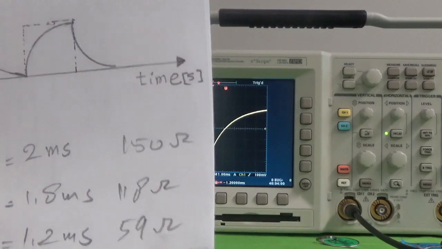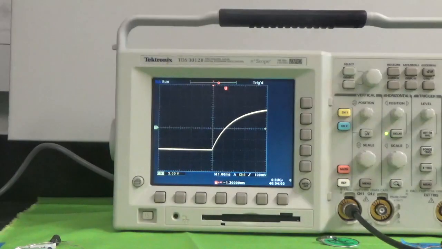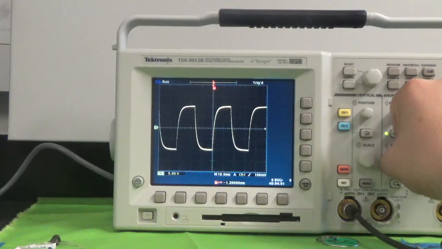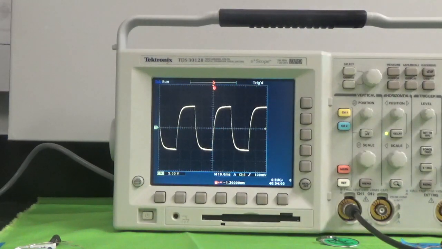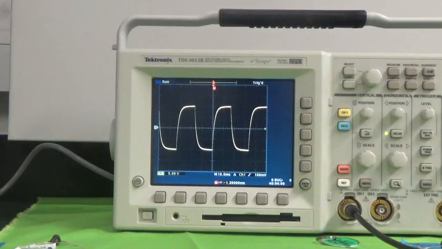So that's great. This is one part. We are done with the first part, which is great. Now I will try to show you what will happen to this signal if we used resistors with higher values. So let's see what will happen.